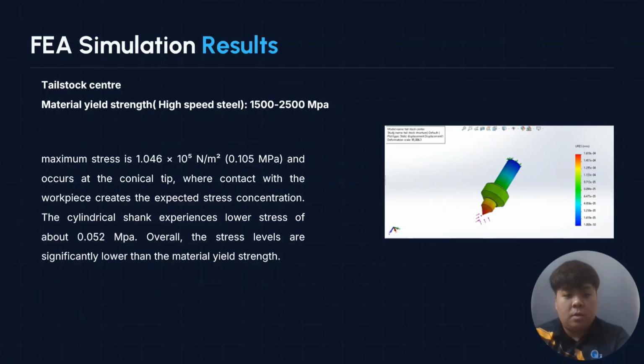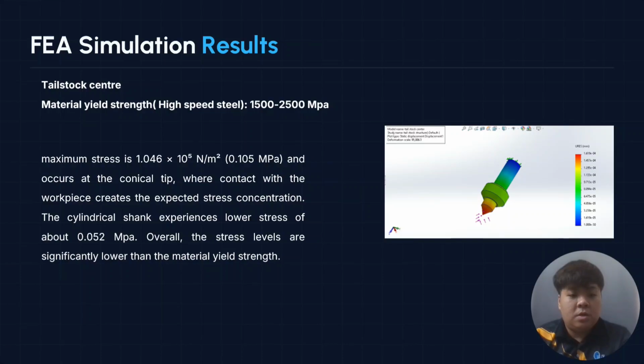And the third selected component was the tailstock center. The material was also high-speed steel with a yield strength of 1500 to 2500 megapascal. The maximum stress for the tailstock center was 0.105 megapascal, and it occurs on the center tip, which contacts the workpiece, creating an expected stress concentration.